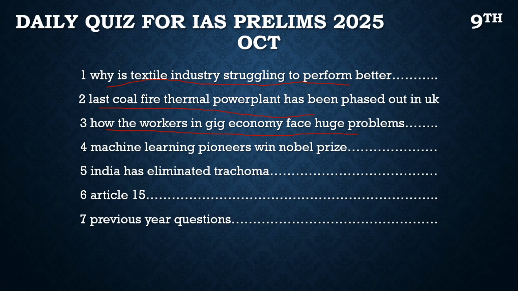For example, if we order from Zomato or Swiggy, and a gig worker gets into an accident, he won't get any medical benefits from the company.